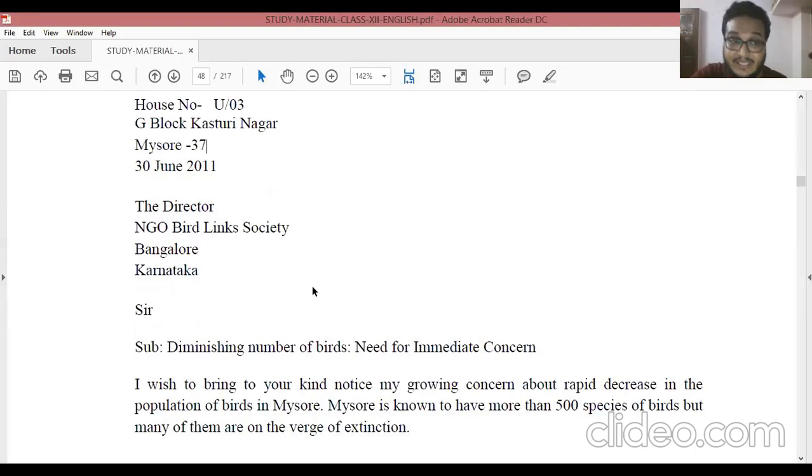If you're writing in the format from some reference book, where the subject comes after the address, then Sir will come after. But here it is given that this will change. Sir will come after the subject. The subject will come first, then Sir.